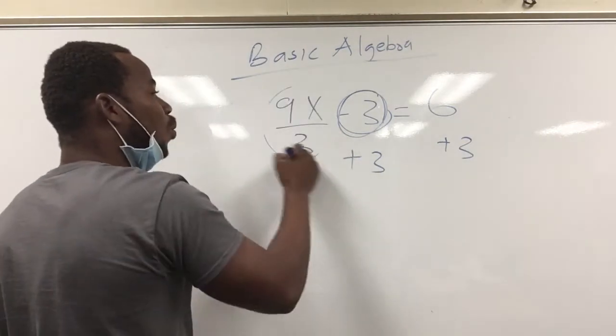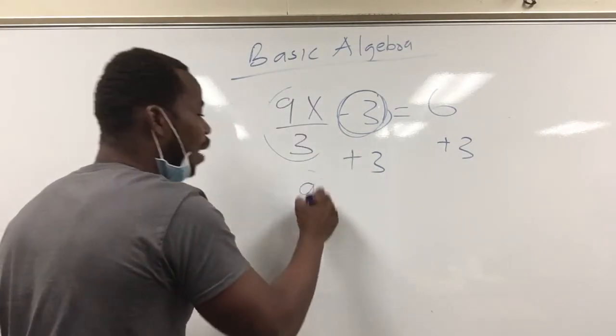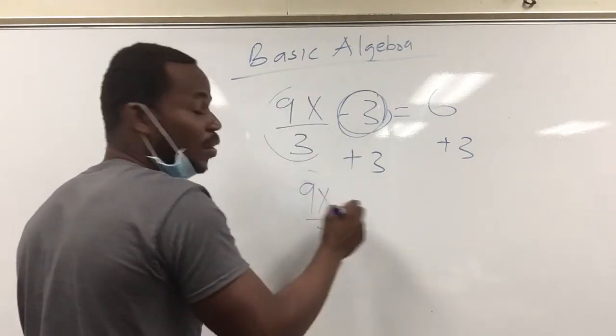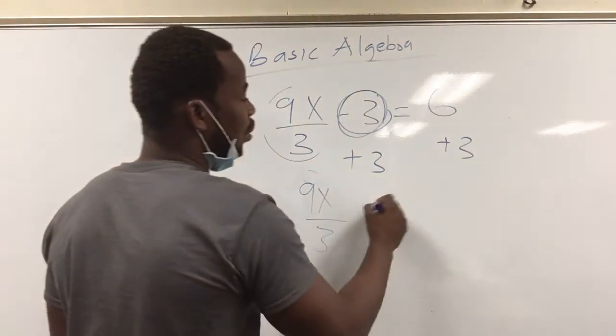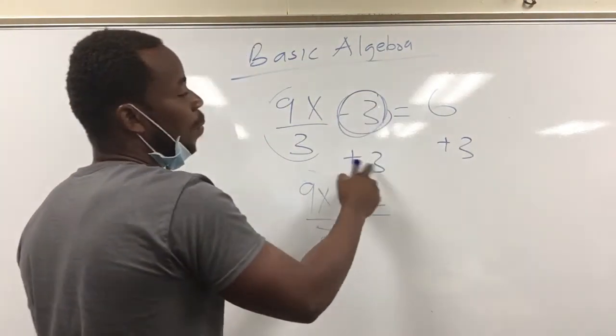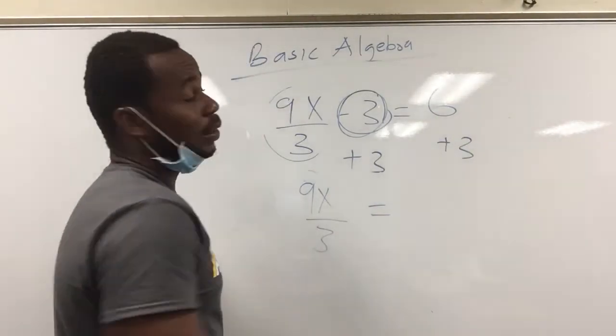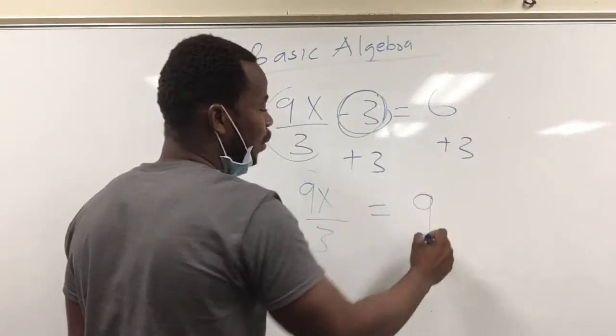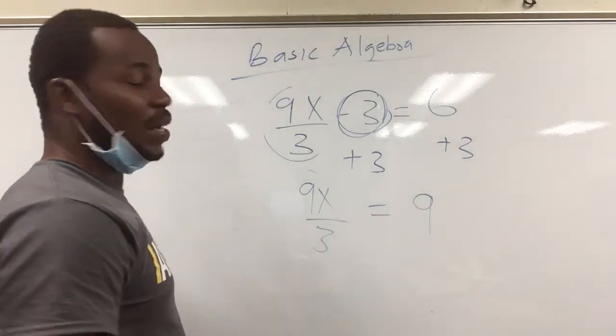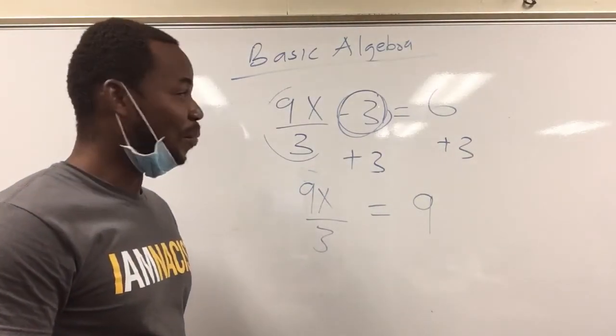So I'm left with only this part. I have 9x over 3 here, which is equal to, because minus 3 plus 3 is 0, 6 plus 3 is 9. Now we're good. See how beautiful it is?